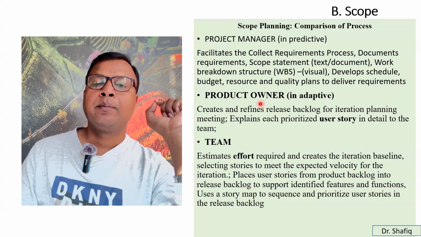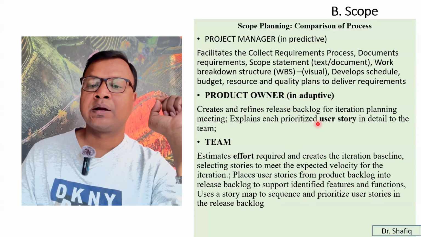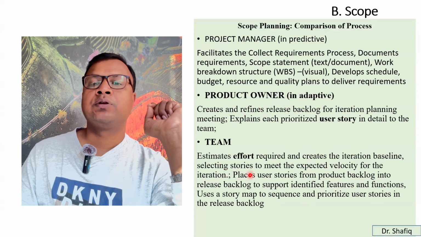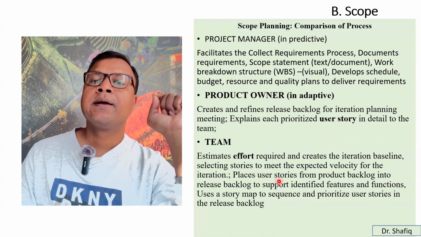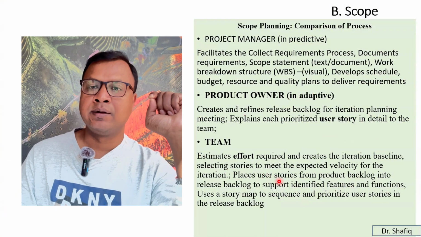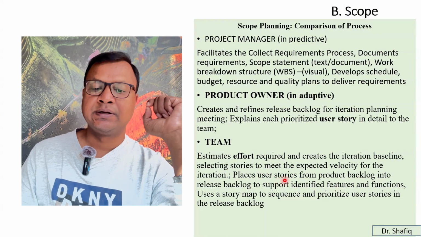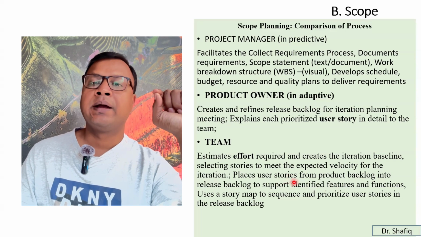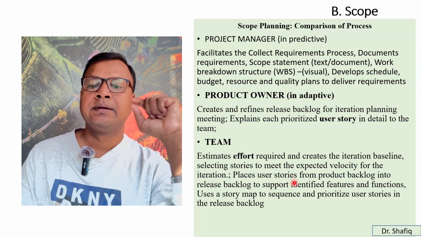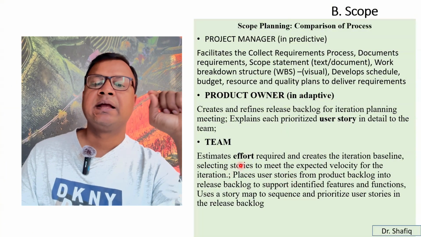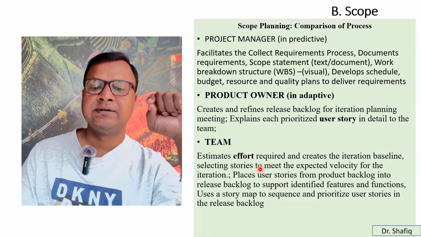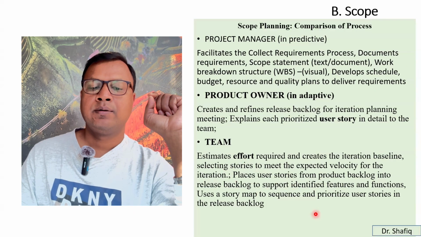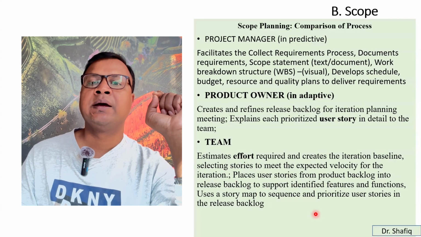When the product owner gives the release backlog and user stories in detail, the team goes for implementing it, for executing it. They decide the schedules, and one by one the effort, the sequence, and prioritize the work to make the product.